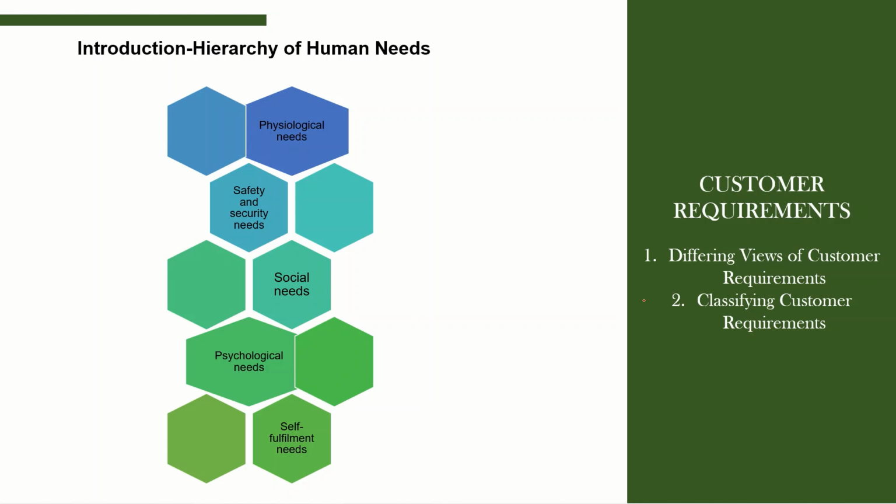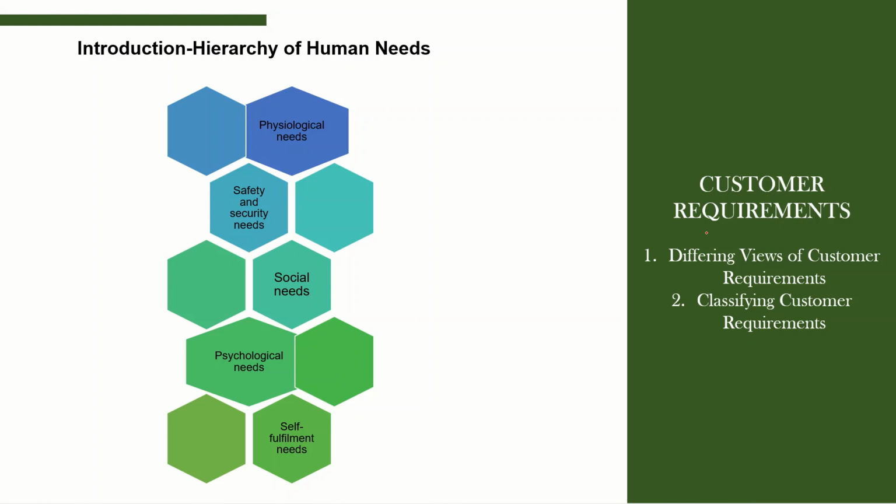In order to understand these customer requirements, it is important for us to understand the hierarchy of human needs. We know that humans have different behaviors, different needs, different requirements, different specifications.